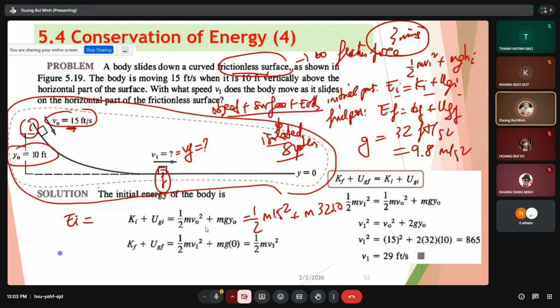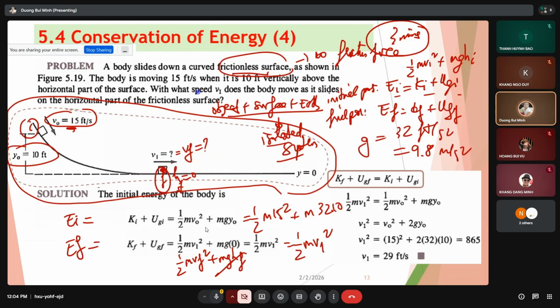So EF is KF plus UGF, which is half m vf squared plus m g hf. At the bottom, hf is 0, and vf we don't know. So we just have half m vf squared.